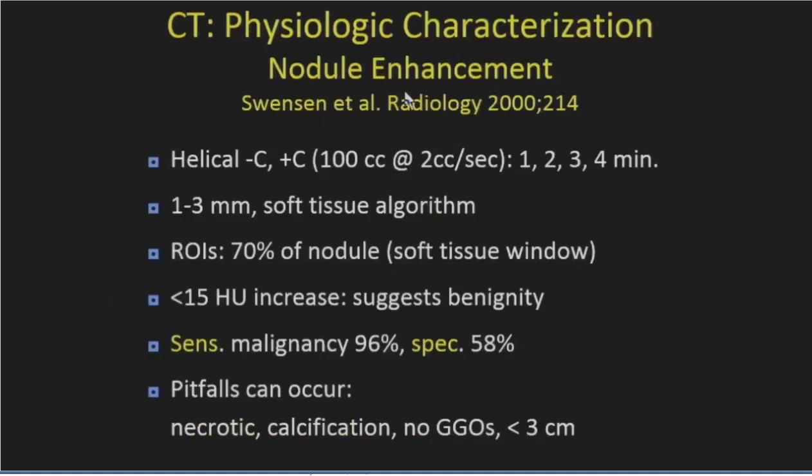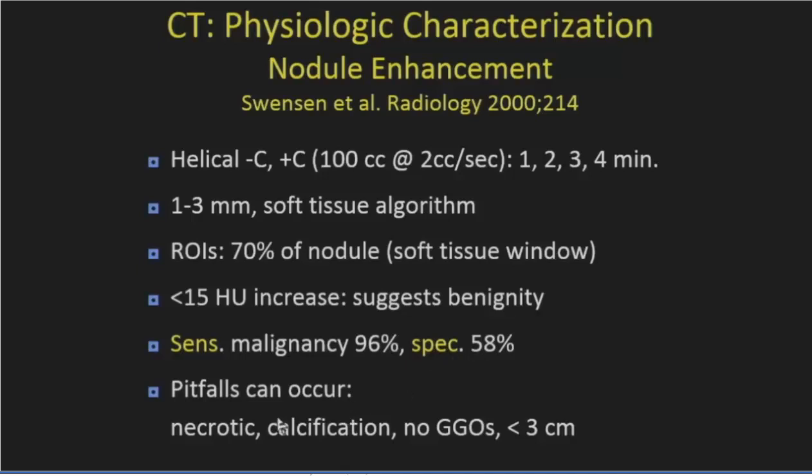So in terms of nodule enhancement, I don't think many of us perform this, but if you are in an area where you don't have PET-CT, this is something that has been investigated and is shown to have similar percentages in terms of sensitivity and specificity as PET. The low specificity is related to inflammatory disease that enhances similar to cancer and can be diagnosed as a cancer, therefore.